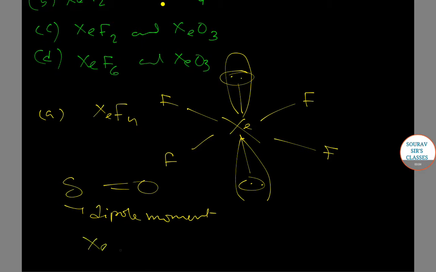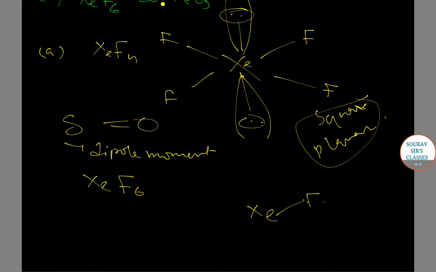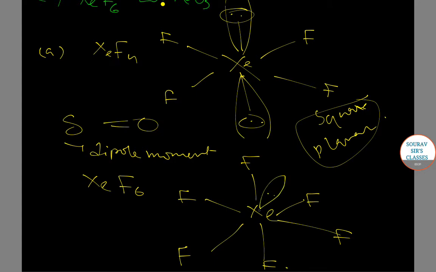For XeF6 we have Xe, this is a square planar structure. For XeF6 the structure is something like this, 4 here and again 4 here, but there's a lone pair on Xe, so it will be somewhere around here.